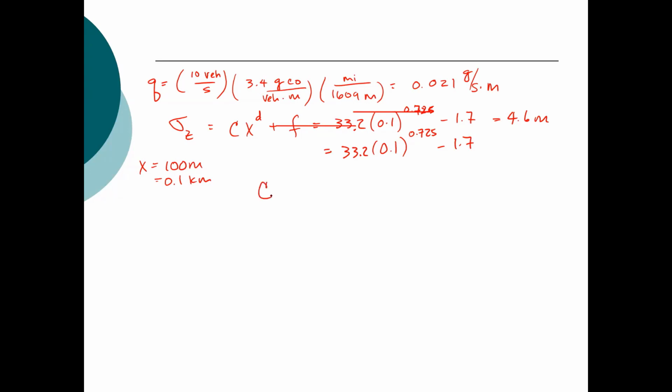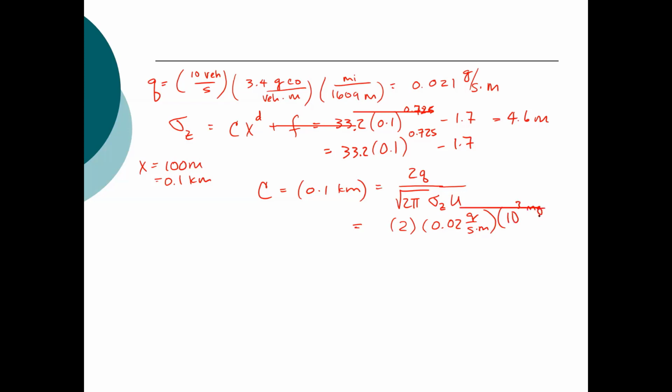And then C at 0.1 kilometer is equal to 2Q over the square root of 2 pi times the dispersion coefficient in the z direction times u. That is equal to 2 times 0.02 grams per second meter.